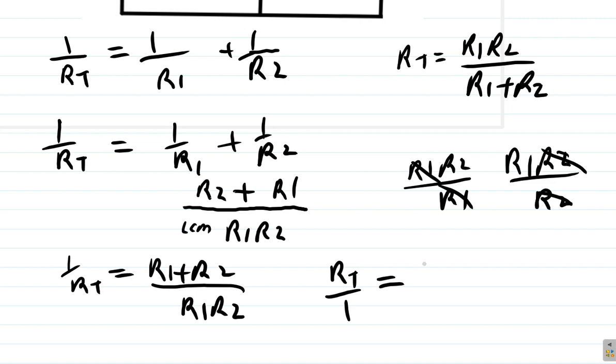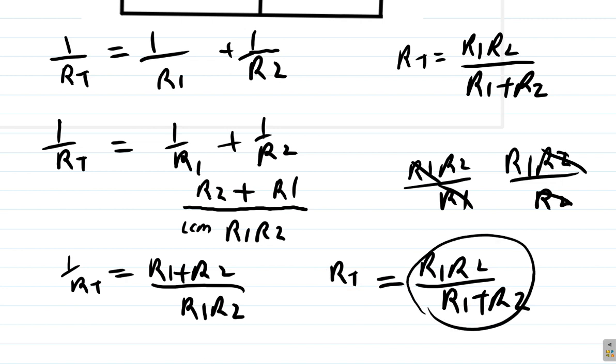You're going to get R1 R2 over R1 plus R2. RT over 1, you could just leave it as RT. And then of course, you have the product over sum, which is R1 R2 over R1 plus R2.